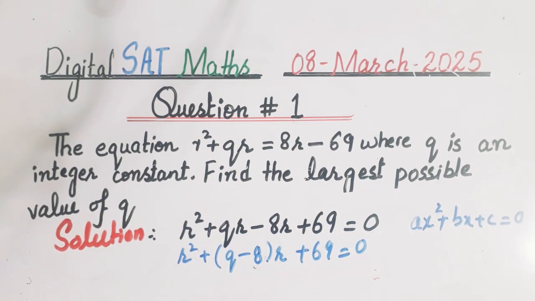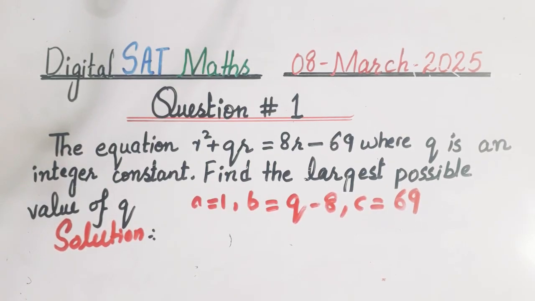So from this we get the values of a, b and c as a equals 1, b equals q minus 8, and c equals 69. So we will apply the condition for no real solution.